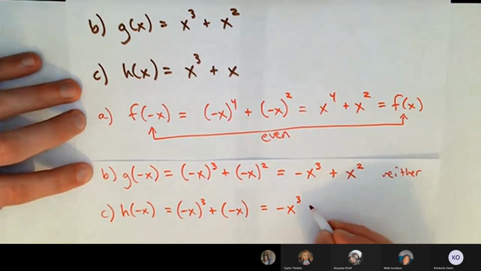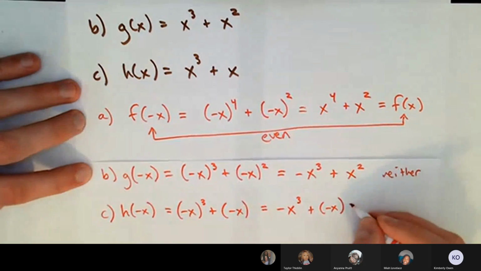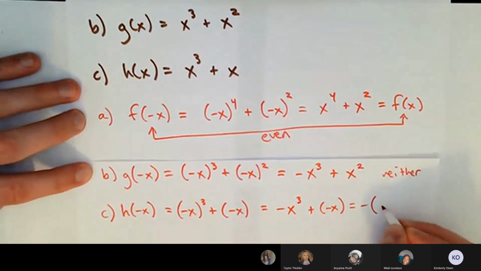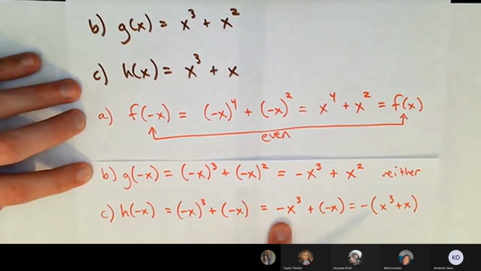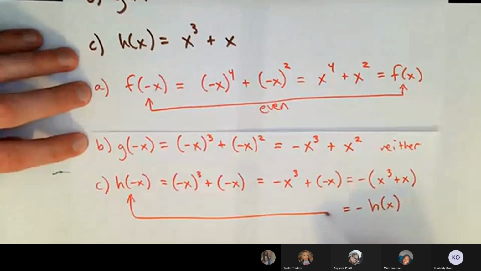And then we have plus negative x, which I can leave like that, or I could write minus x too. That's fine. But this is exactly equal to pulling a negative outside of the original function, because all the signs changed. But that's just the same as pulling a negative all the way outside the function. And this relationship is called odd.